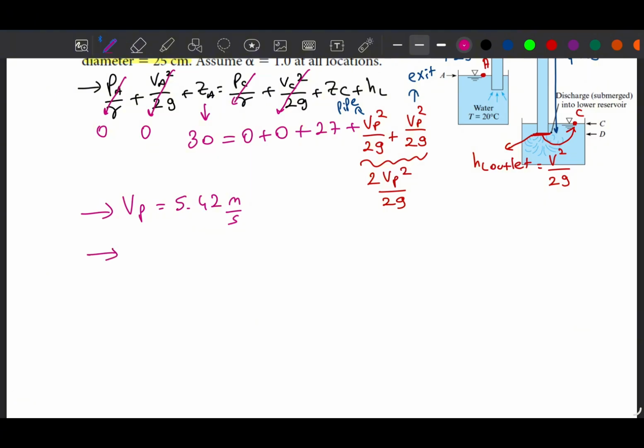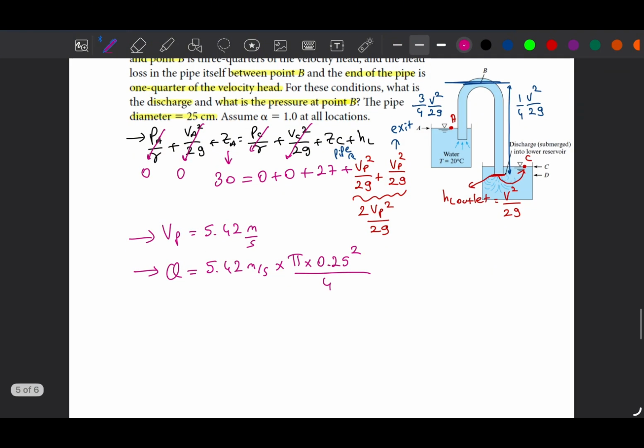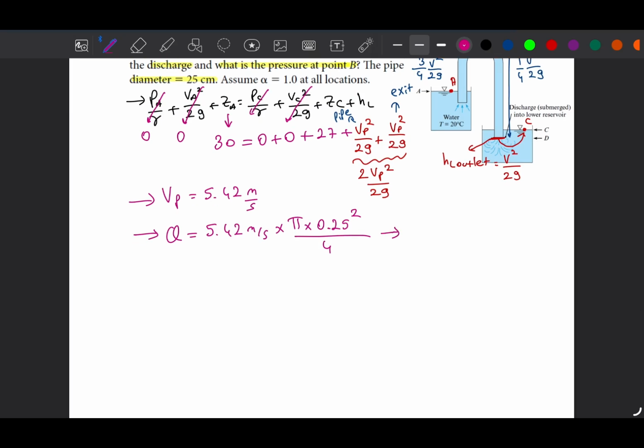And this gives us the flow rate within this pipe. So we have 5.42 meters per second times area. We have pi times, we have 25 centimeter diameter. So this gives flow rate as 0.266 cubic meters per second.